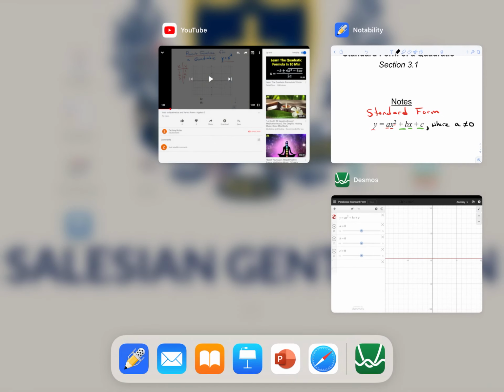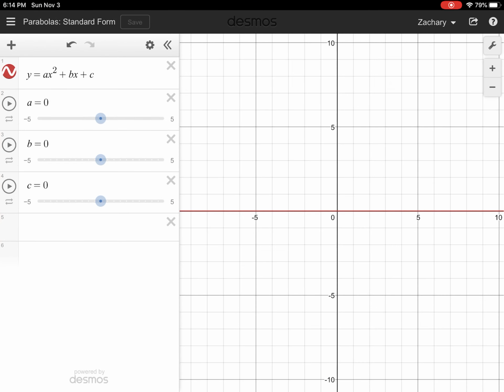If it equals 0, we don't have a quadratic, we have this. So I'm going to make our a value 1. And this would be y equals 1x squared plus 0x plus 0, which would just be our parent function. So we've talked about this in depth before we even started vertex form.